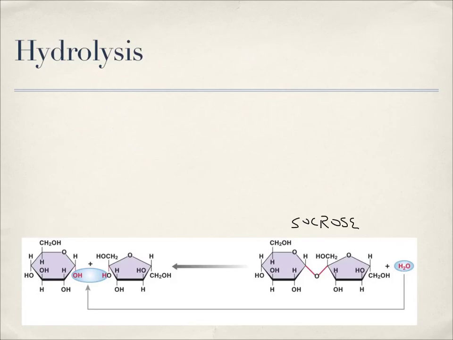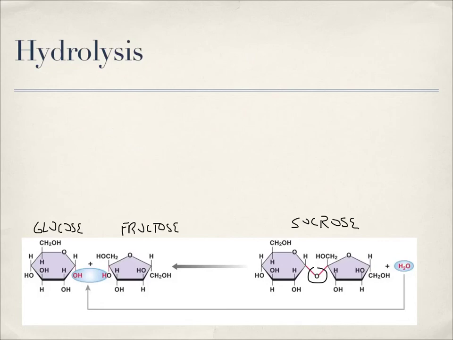There's that O bond that we talked about right there. And what we're going to look at then is adding the water. So the water comes in, splits, so the OH goes to there, the H goes to there, and now I have glucose, and I have fructose, that will allow me to digest those and actually use them.